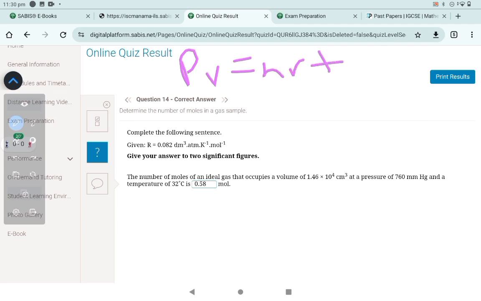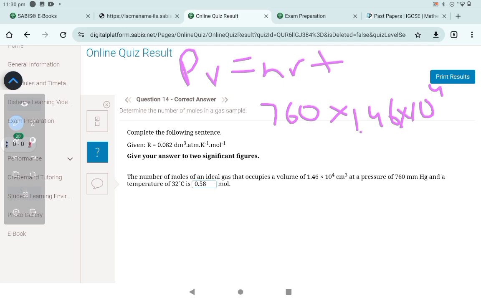Again, we have pressure, which is 760, and then the volume, which is not given. Wait, the number of moles of nitrogen gas that occupies the volume, yes, it is given. It is 1.46 times 10 to the power of 4 cubic centimeters, and a temperature of 32 Celsius.